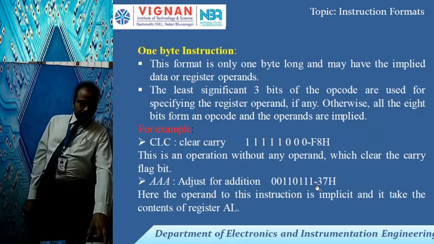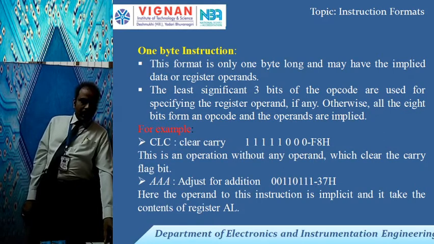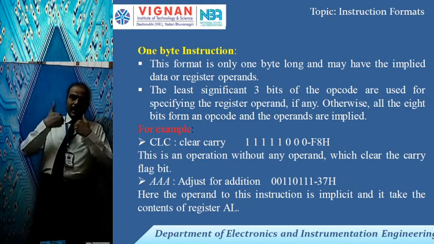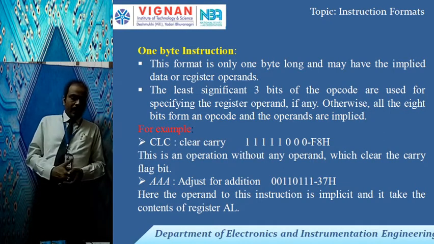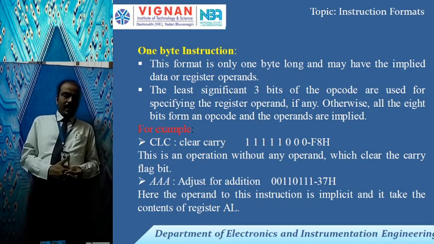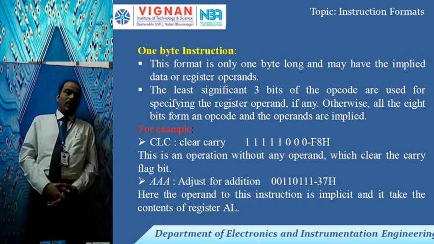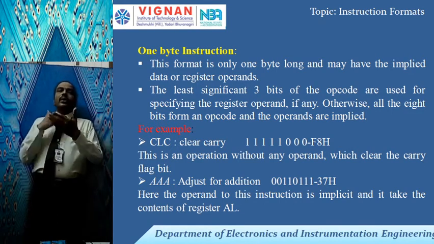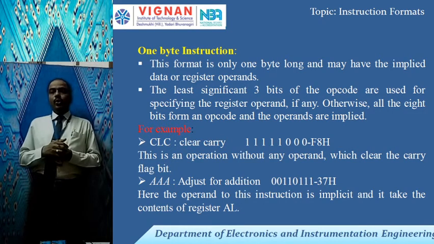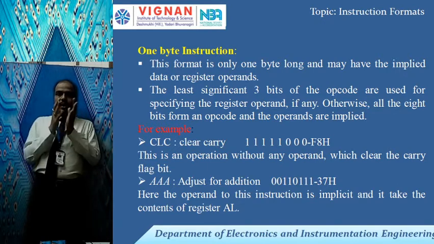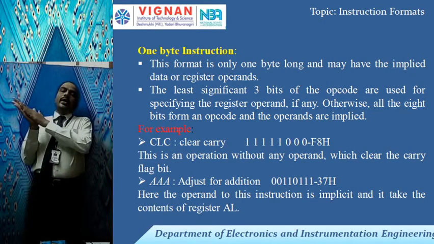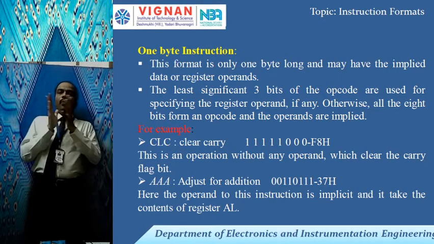Here the operand to the instruction is implicit, that is, contained inherently, and it takes the contents of register A. Directly it takes the contents of the accumulator lower byte, and to that content it adds 06 in order to convert an invalid BCD code into a valid BCD code.